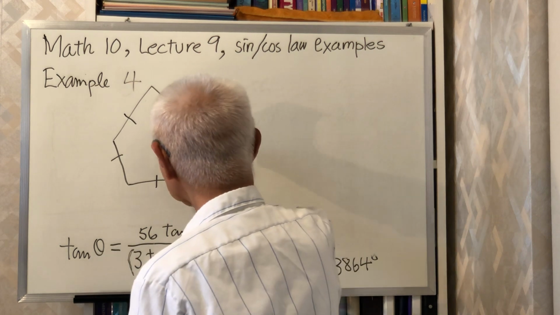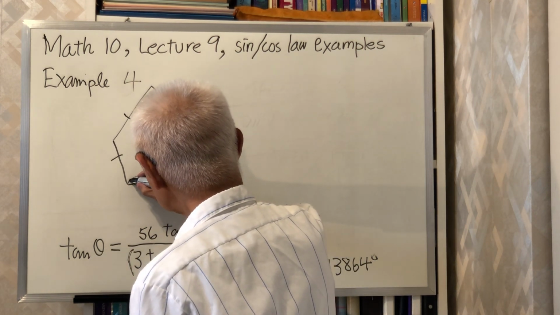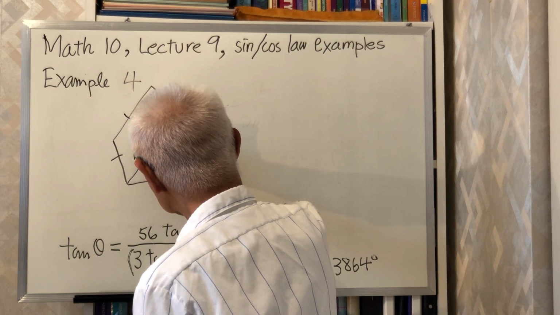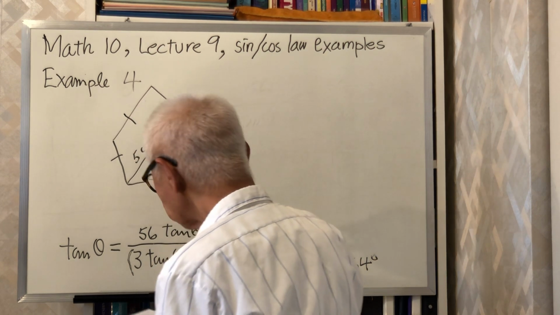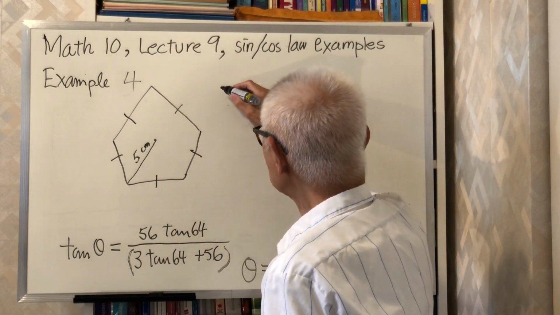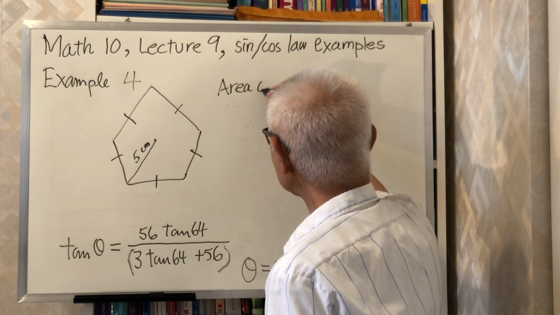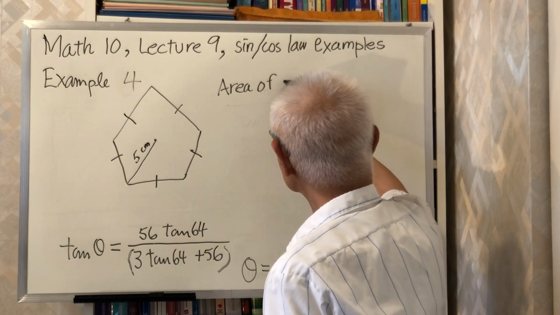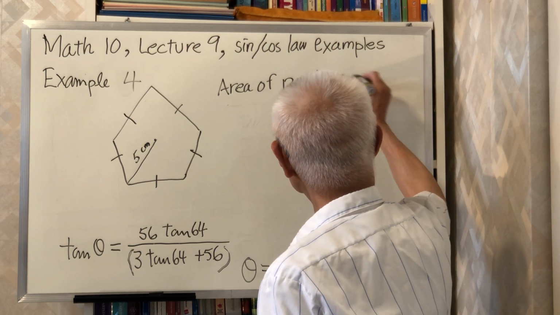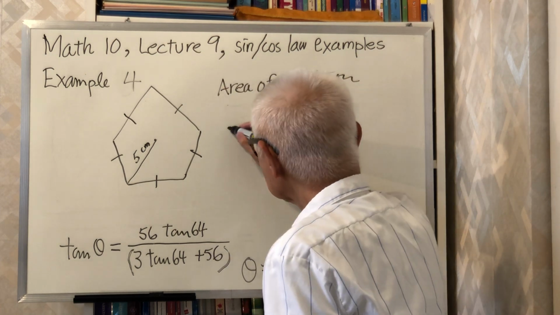The given thing is that from the center of the regular pentagon, this side is 5 cm. And we want to find the area of the pentagon.